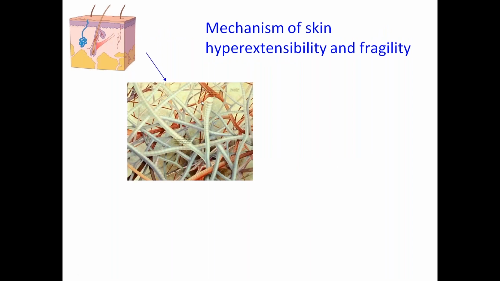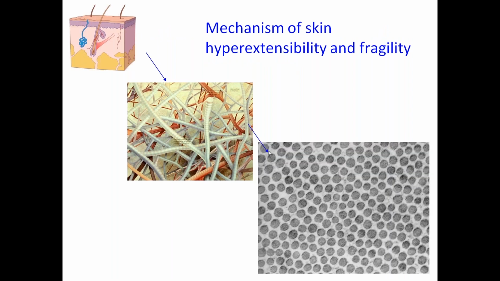We looked at it at slightly higher power on a cartoon where we saw these collagen fibrils. Then if we do electron microscopy, which is really high power magnification, tens and hundreds of thousands of times, you will start to see these individual collagen fibrils join together, and these fibrils join together en masse to form collagen bundles, which makes up the dermis.